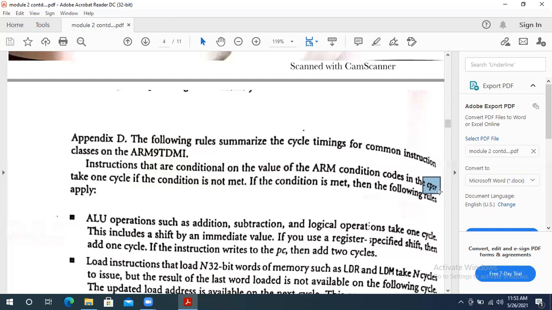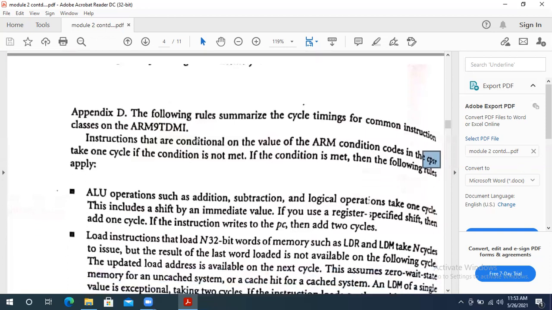If you want to execute any instructions in the ARM, there are some rules. Now we'll see the rules for executing the instructions. The first one: if you are executing ALU operations, I think all of you know ALU gives us operations like addition and subtraction. Suppose you want to execute ALU operations such as addition, subtraction and logical.